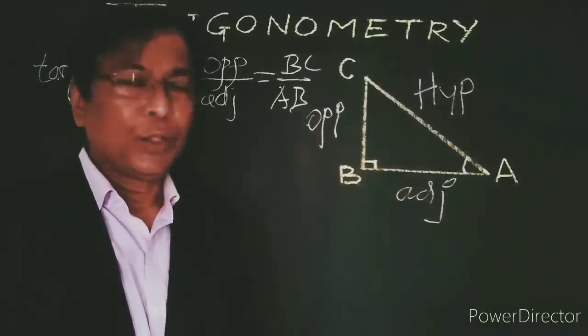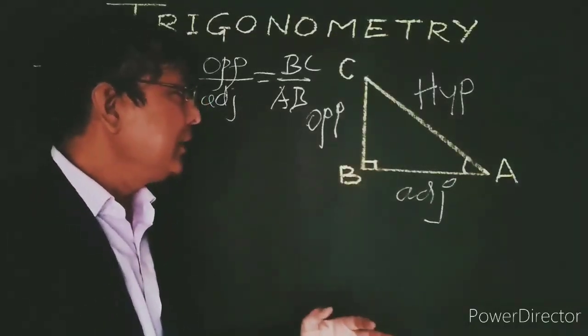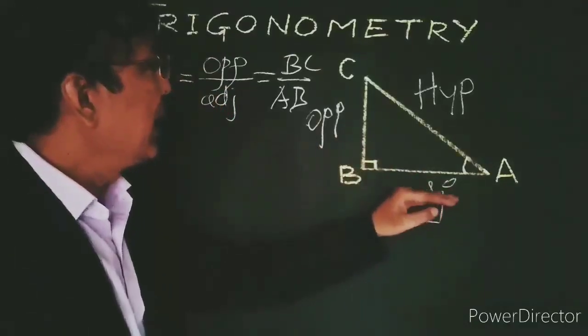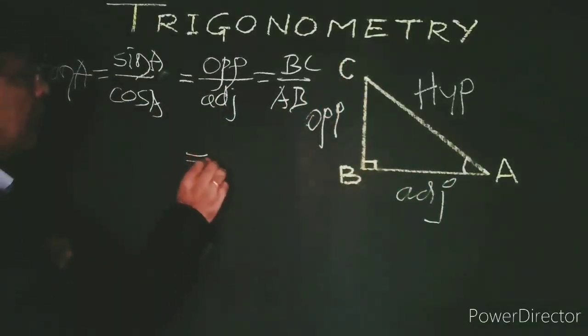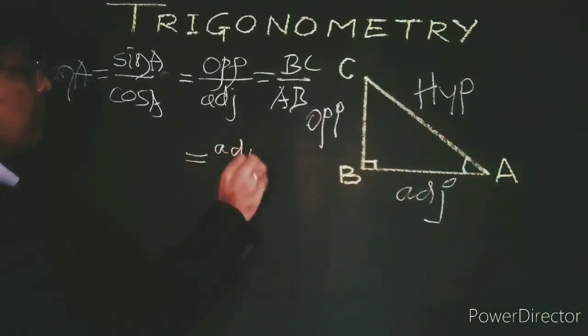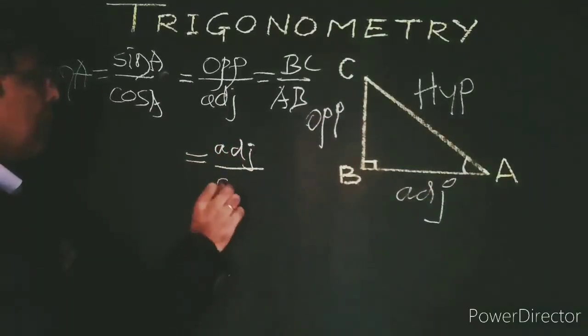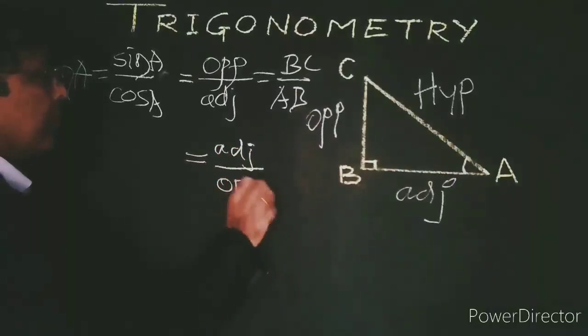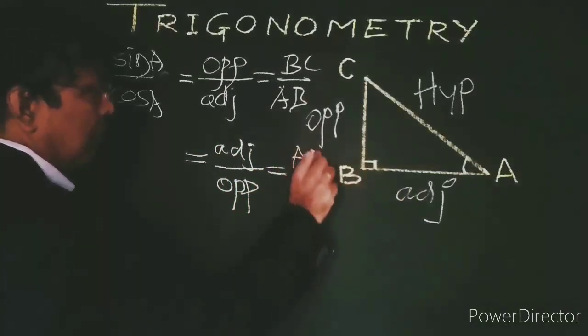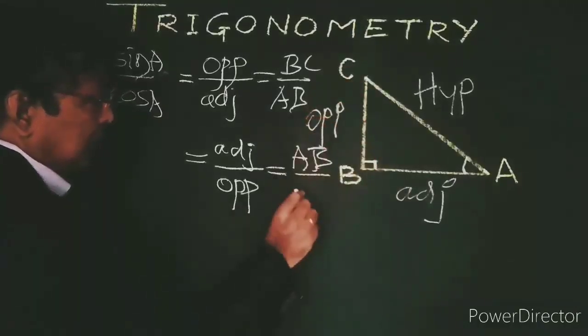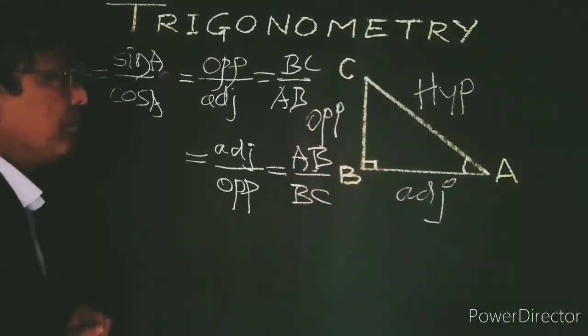Now, the fourth ratio, we can divide the adjacent side by the opposite side. What is the adjacent side? AB. What is the opposite side? BC.